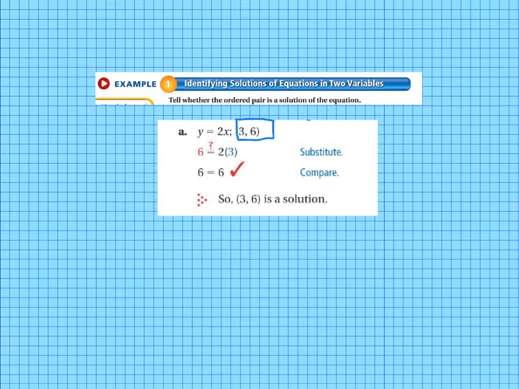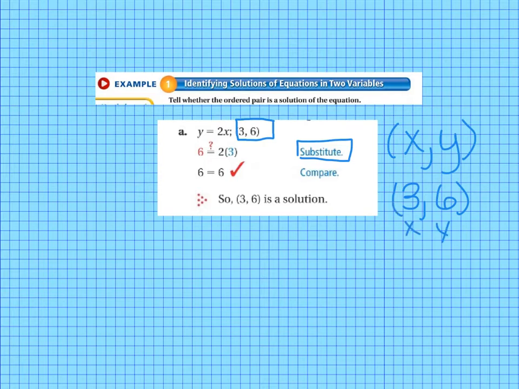So we substitute in, so that's our first step, we substitute in the two numbers to see if they make the equation true. So you need to remember that in an ordered pair, the first number is x and the second number is y. So in this ordered pair, 3 is x and 6 is y.